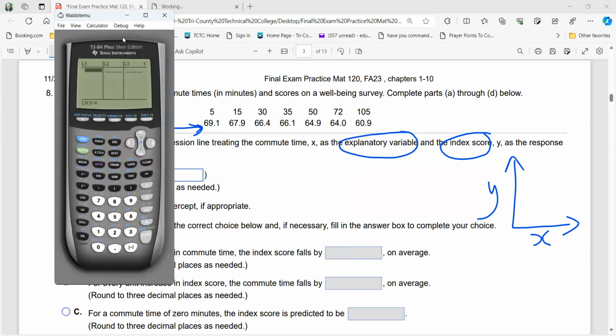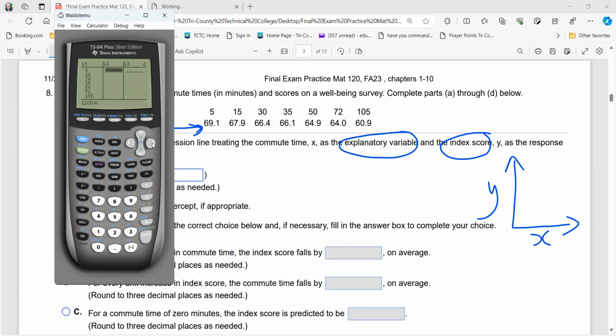So the first explanatory variables are 5, enter, 15, enter, 30, enter, 35, enter, 50, enter, 72, enter, 105, enter. Okay, so I have eyeballed my list. Seems to be right. Don't forget to eyeball whatever you type in because people make mistakes.